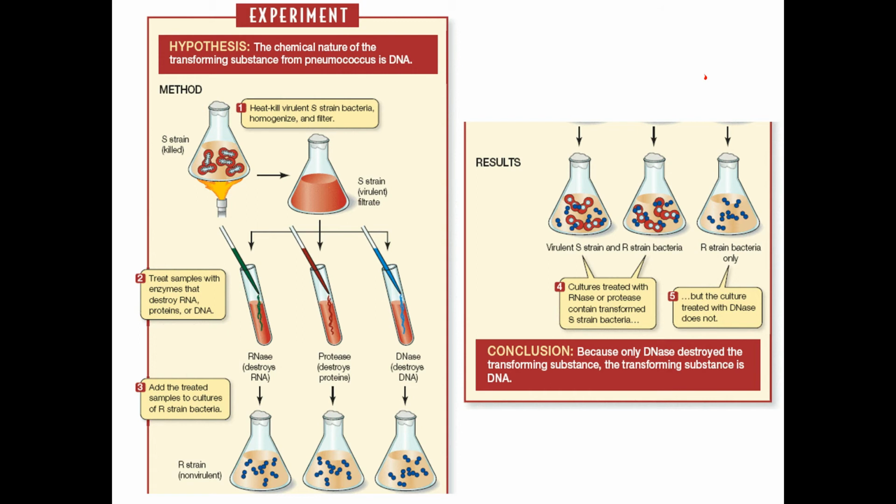Alright, so then you transfer this solution to your rough strain bacteria. And you incubate the samples. And then you look for the presence of smooth strain cells, encapsulated cells. Alright, your transformed cells. Alright, that's what you're looking for here in your results.